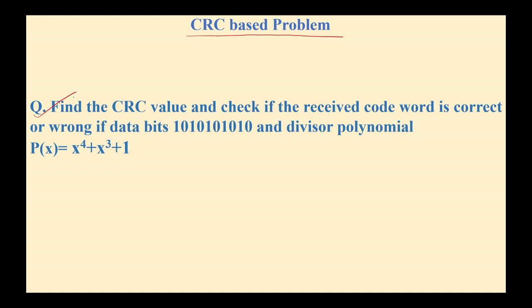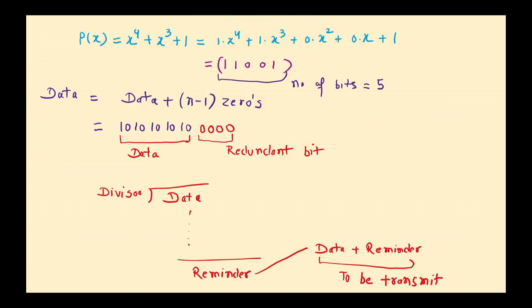So this is an example. Here we have to find the CRC value. This is the message we are transmitting, and this is the divisor polynomial. First we convert this polynomial into binary data.